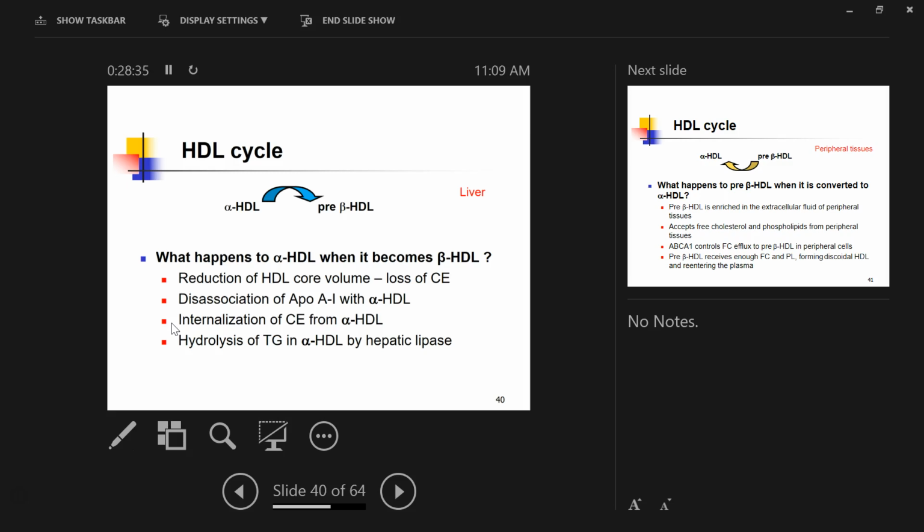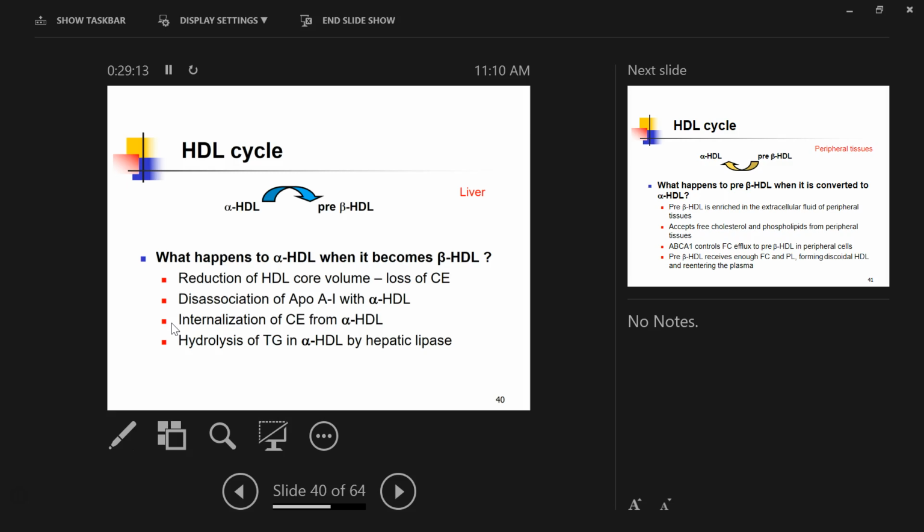And lastly, the triglyceride that is transferred from VLDL or IDL can be hydrolyzed in the alpha HDL by hepatic lipase, because the alpha HDL is eventually picked up by the liver. All the cholesterol esters and triglyceride in the alpha HDL are picked up by the liver and hydrolyzed in the liver.